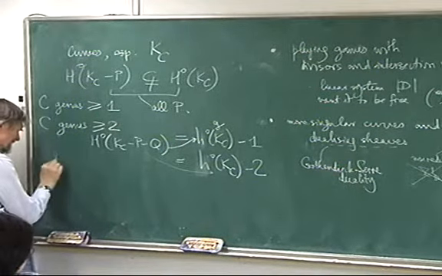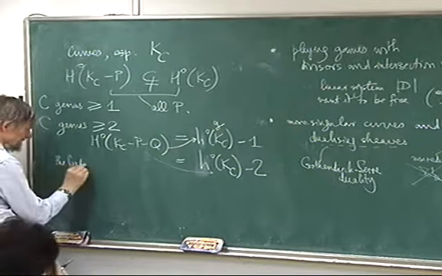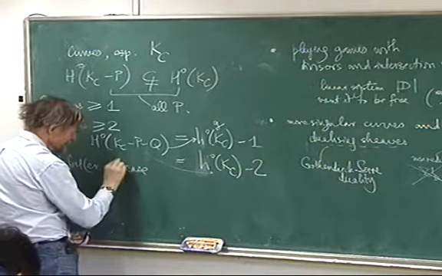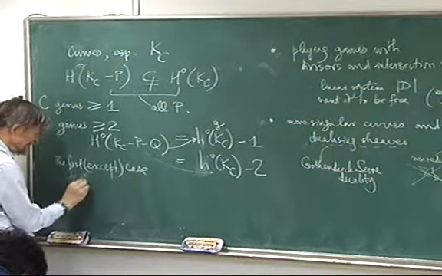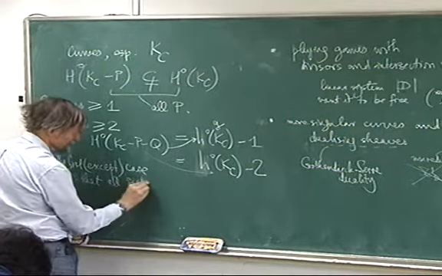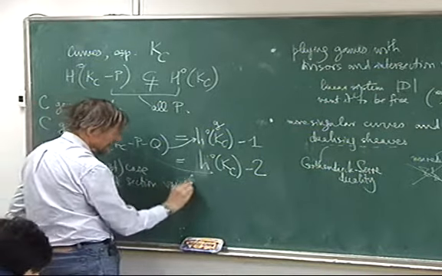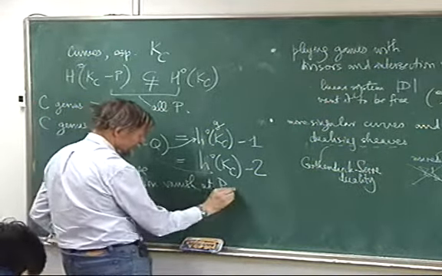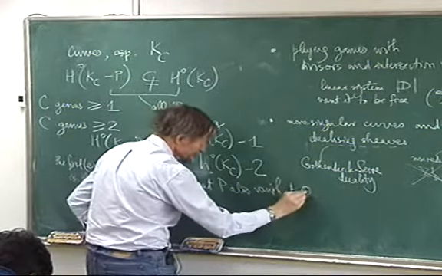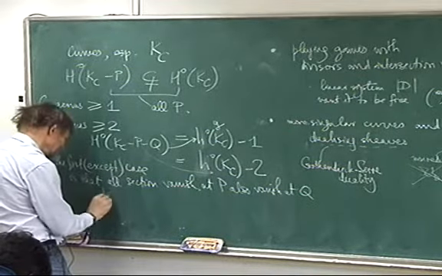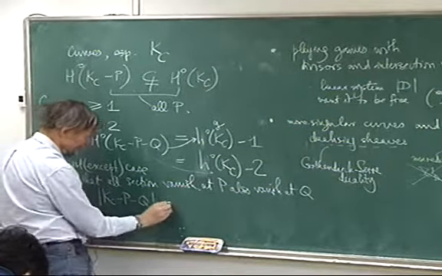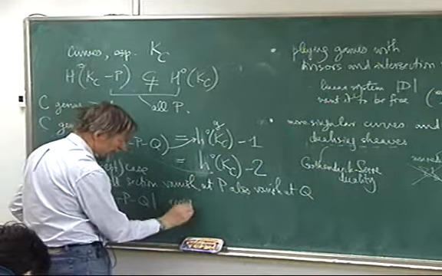So the first exceptional case is that all the sections vanishing at P also vanish at Q. And this means that Kc minus P minus Q is bigger than expected, so this is an irregular linear system.